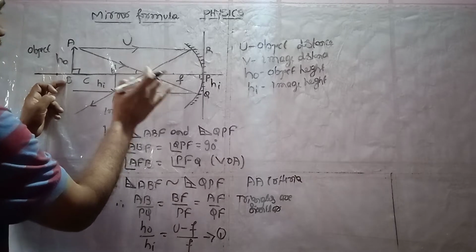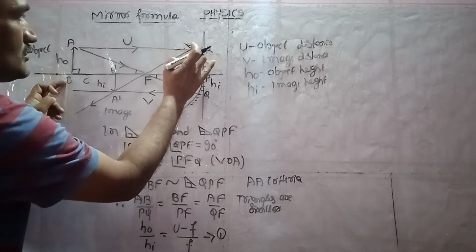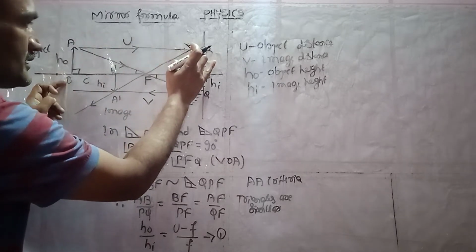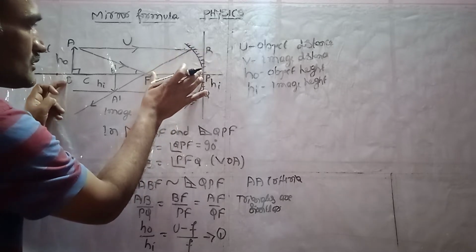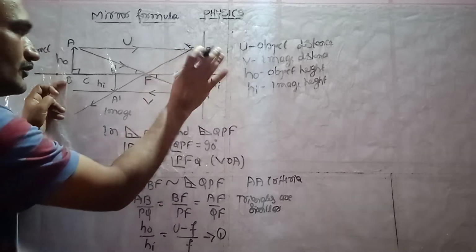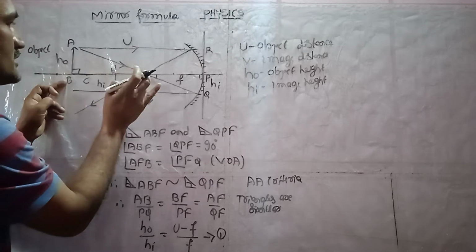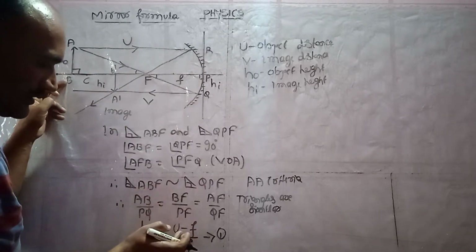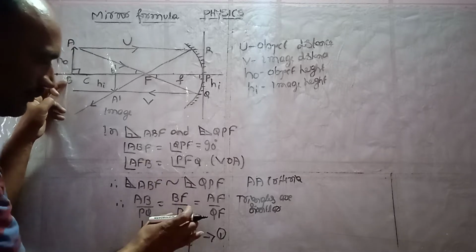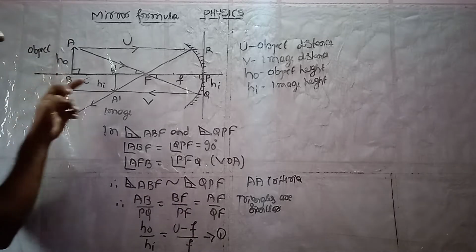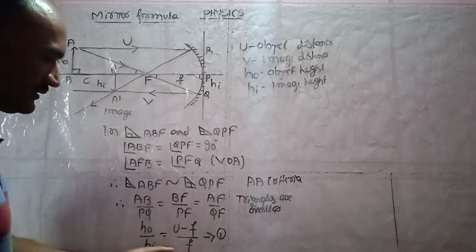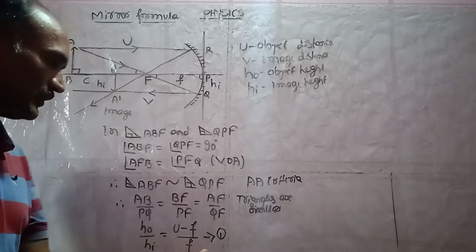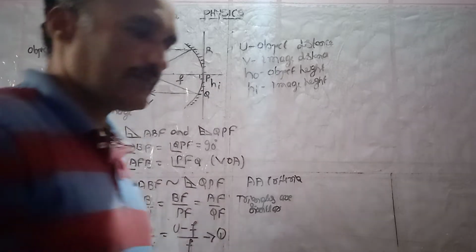Already from here to here it is u, the object distance. From that, you subtract f, so this distance is u minus f. So BF is u minus f, and PF we know is the focal length. This we name expression 1.